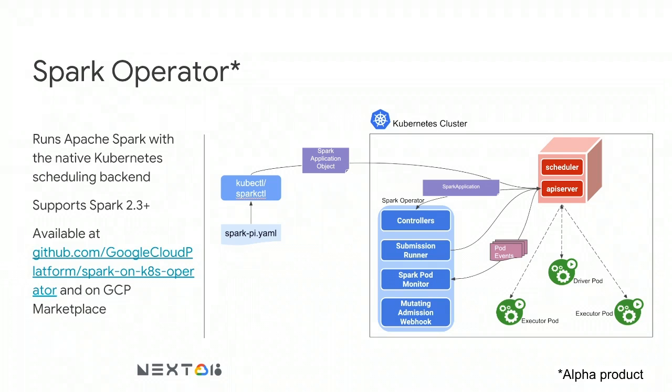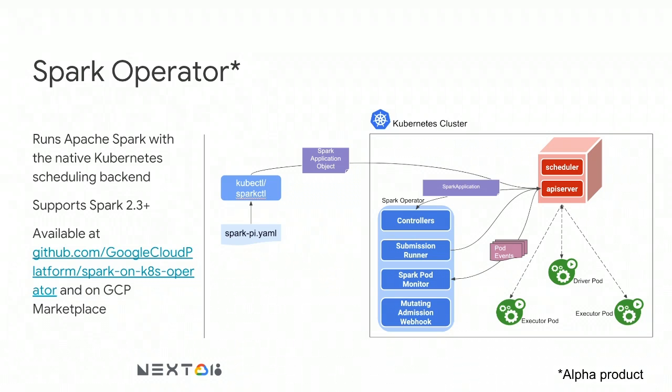The Spark operator is a custom controller that watches these custom resources. If there are any new resources coming in or any updates to existing resources, it will take action. In the case of Spark, it will run spark-submit for you, so you don't need to run that manually.